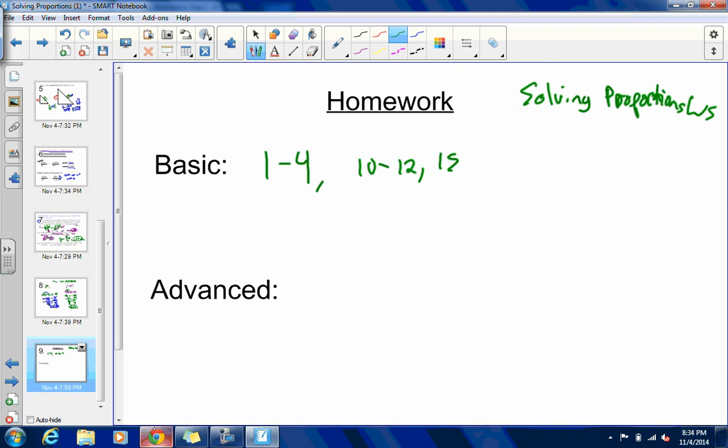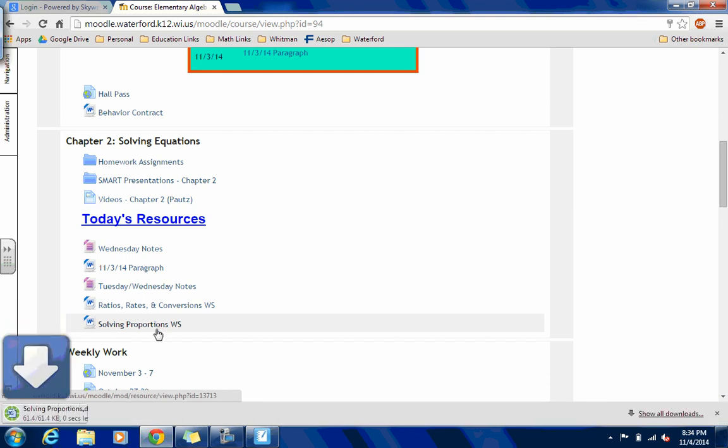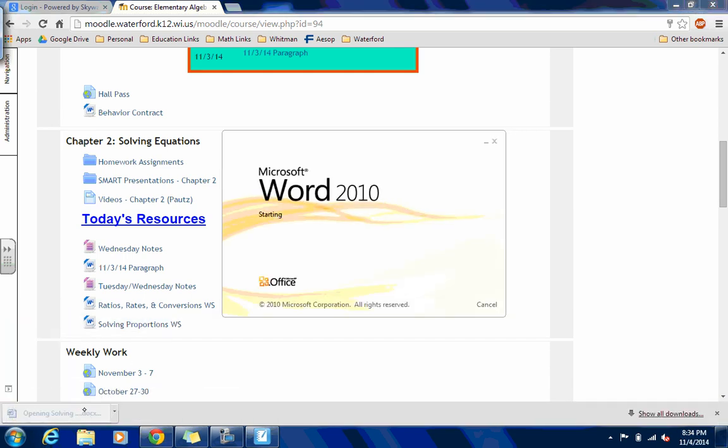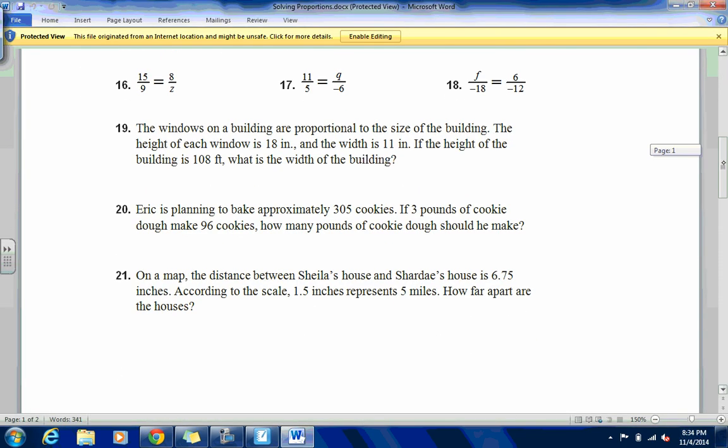And, well, I can actually put it up here for you. I believe I have it. So solving proportions worksheet. Gotta make sure which ones I want you to do.